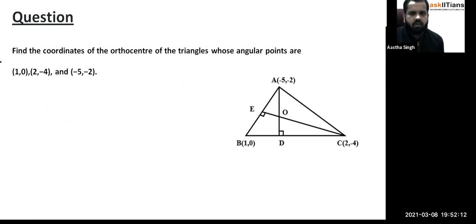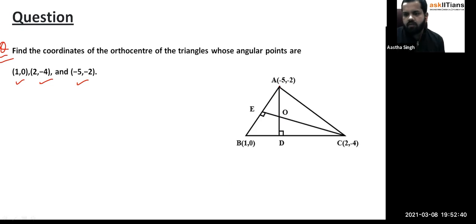So guys, how will you find the coordinates of the orthocenter of the triangle? The three coordinates of the vertices are given, and we have to find the value of O. In a similar way, you can find the equation of AB.